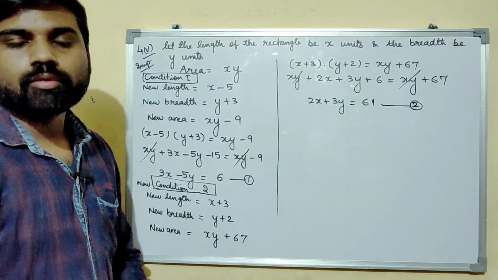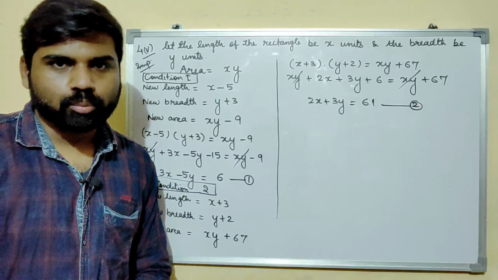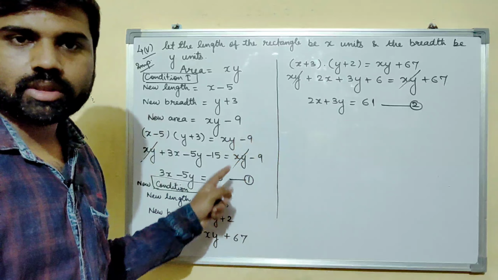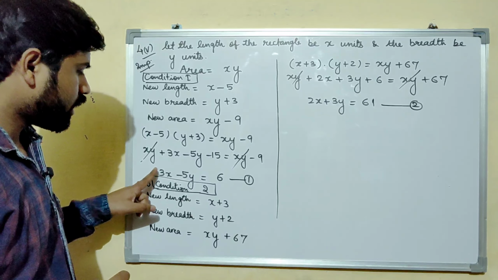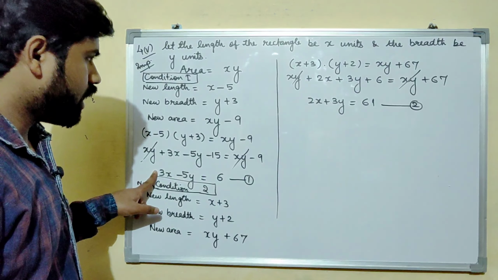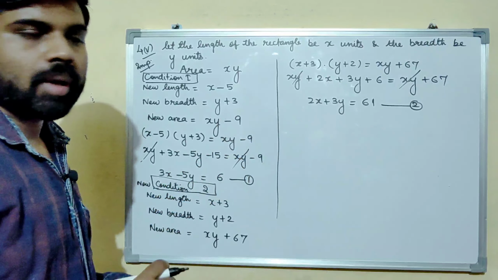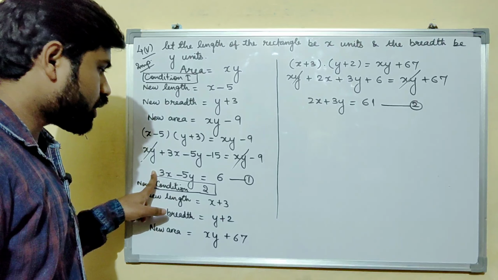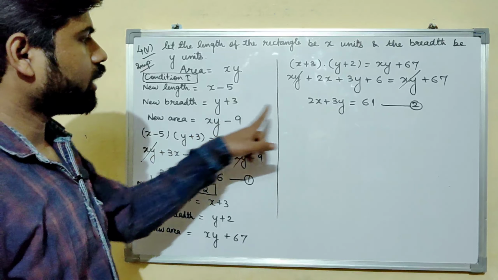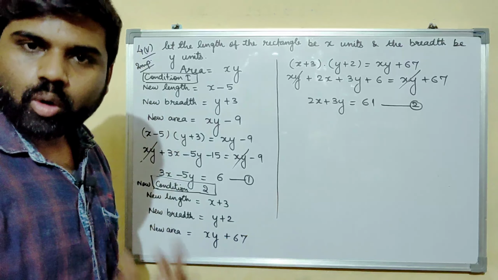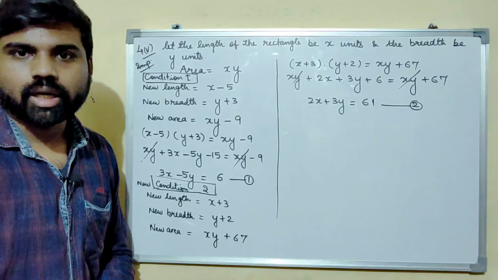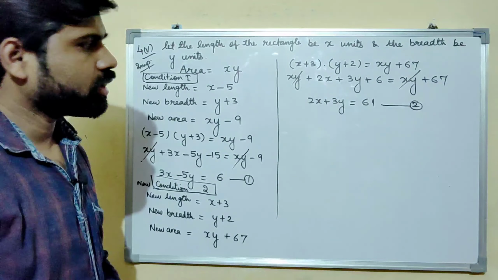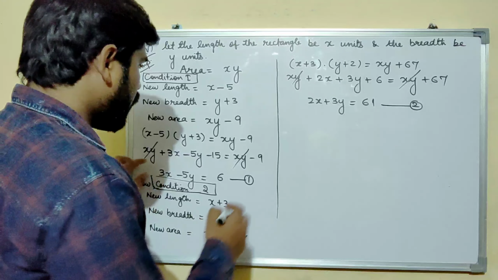Now you can see that the coefficients of x and y are different in both the equations. So we can make the coefficient of x same by multiplying the first equation by 2 and the second equation by 3, or you can use the substitution method. Let us just use the substitution method.